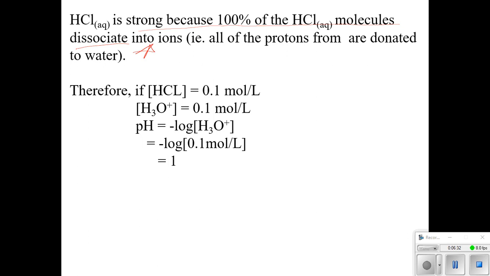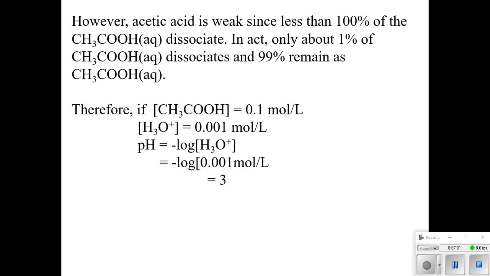And it's only for these ones that we can take the concentration of that acid and say that it is exactly the same as the concentration of the hydronium ions. And that's why we can plug that number directly into this equation. And that is why for the hydrochloric acid, when you plug in the negative log of 0.1 moles per liter, that's where we get the pH of 1. So an extremely acidic solution that we do have here.